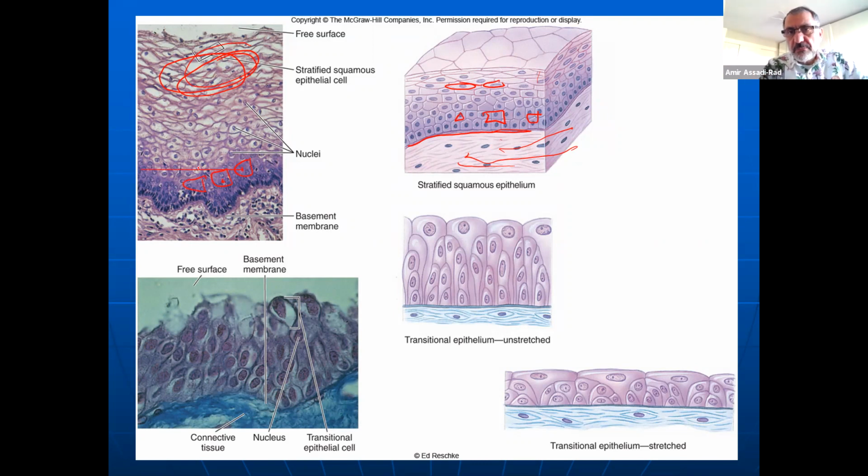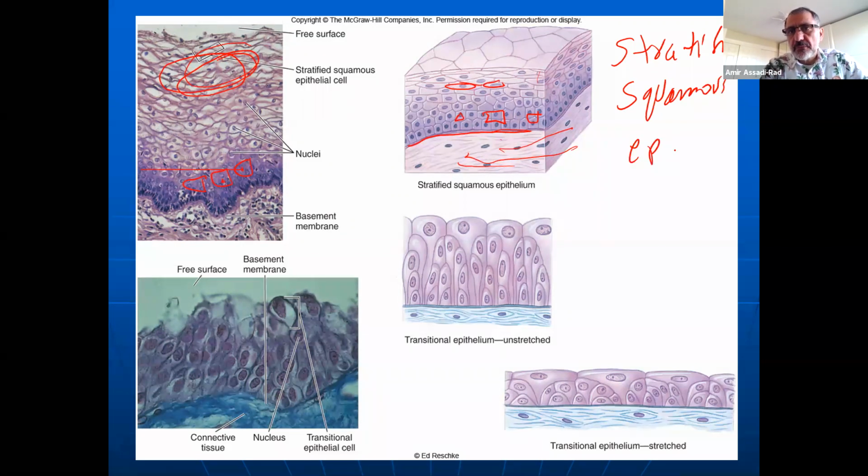So whatever is on top, you call this, of course, stratified squamous epithelial tissue. I hope that covers what I forgot to mention. So whatever is on top, away from the basement membrane, all of the epithelial tissues, all of them, are attached to a basement membrane, which is a connective tissue.